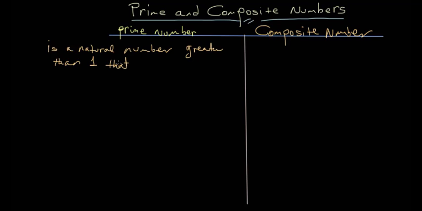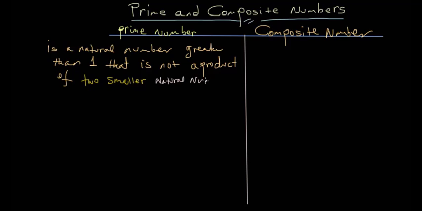And that is not a product of two smaller natural numbers. This is a key part of the definition.